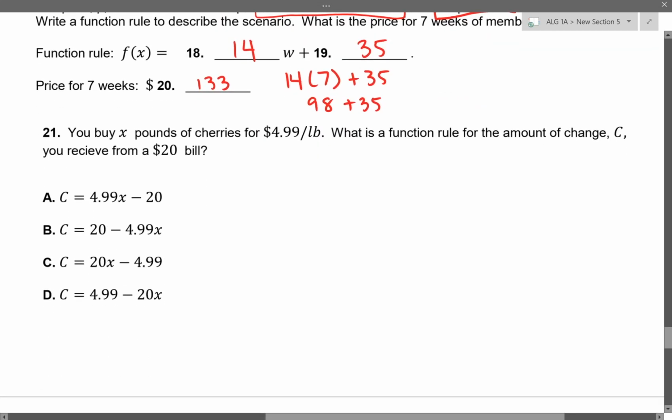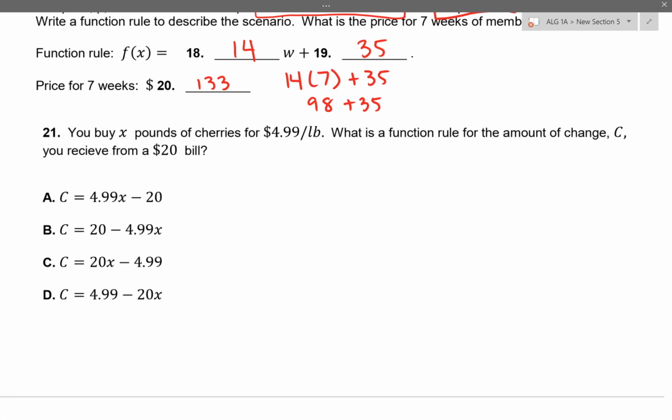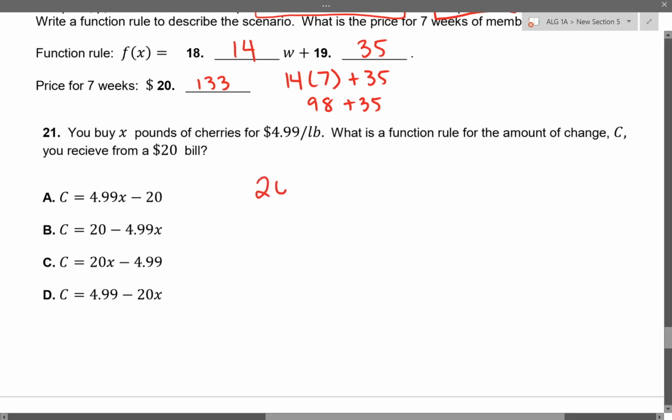You buy x pounds of cherries for $4.99. What is a function rule for the amount of change C you receive from a $20 bill? Alright, so if I have a $20 bill and I buy some cherries, so I start with the 20. What's going to happen if I buy more cherries? It's going to be subtracted from it. And how much is the cherries?